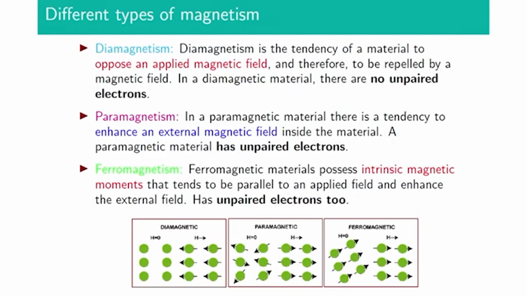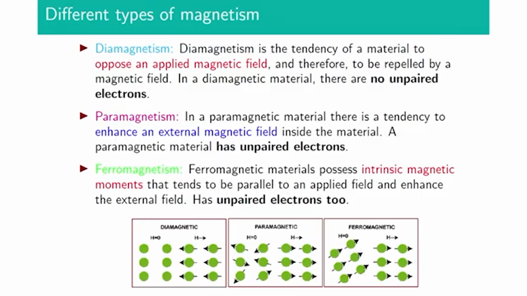Diamagnetic materials have no unpaired electrons, and this puts them in direct contrast with paramagnetism, where there are a lot of unpaired electrons. A paramagnetic material may not have a magnetization of its own, but when it is put in a magnetic field it develops magnetic moments.